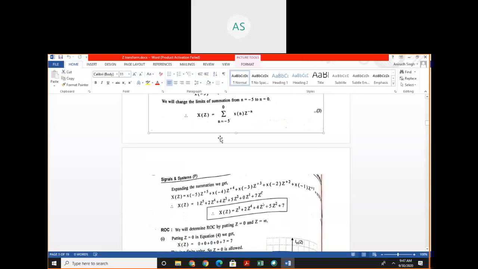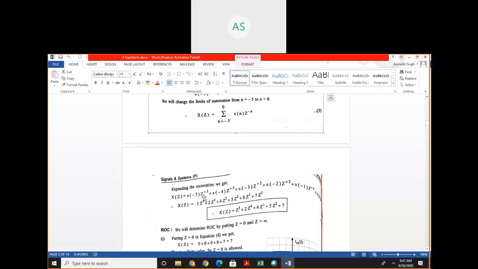So we will change the limit of summation from minus 5 to n is equal to 0. X of z is equal to summation n is equal to minus 5 to 0 of x of n z raised to the power n.